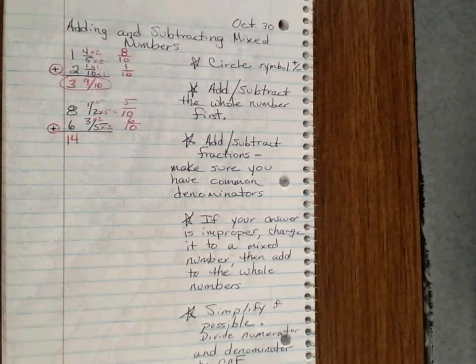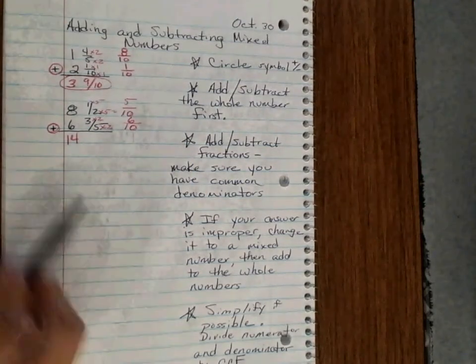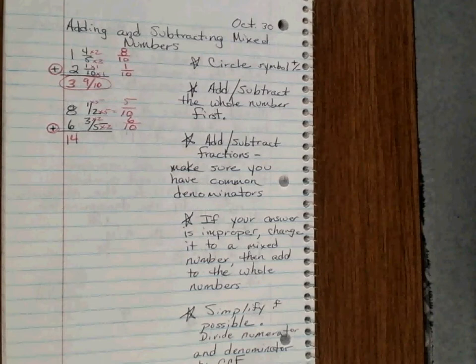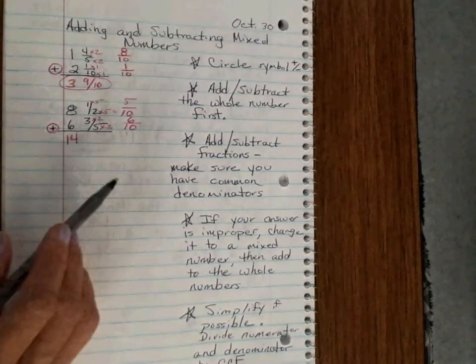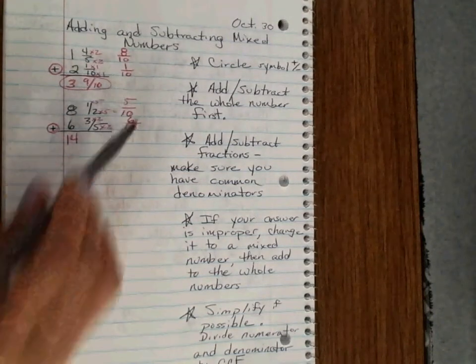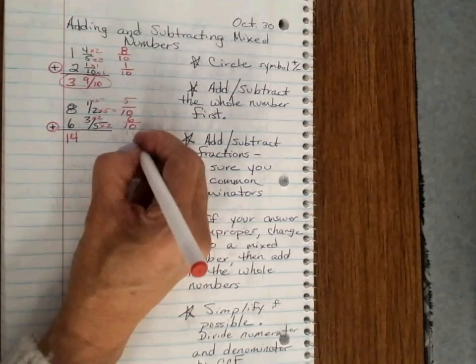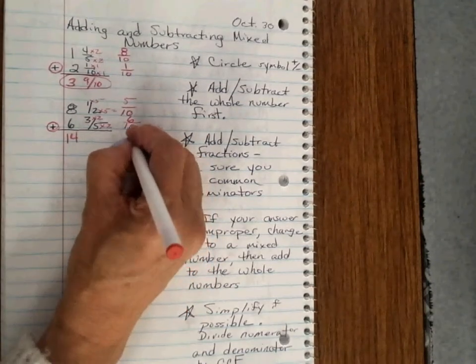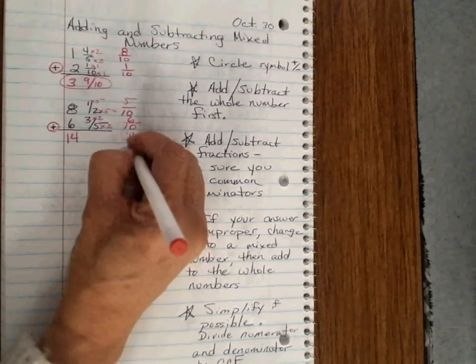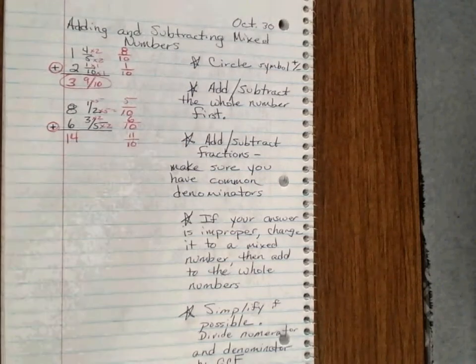Okay, so there's my equivalent fractions there with the common denominator. So now I can add. 5 plus 6 is 11 tenths. I have an improper fraction there, don't I?